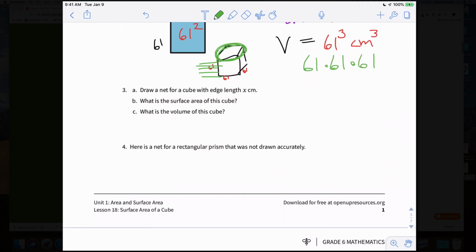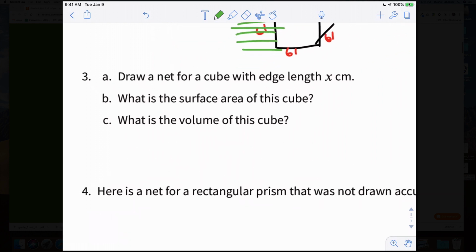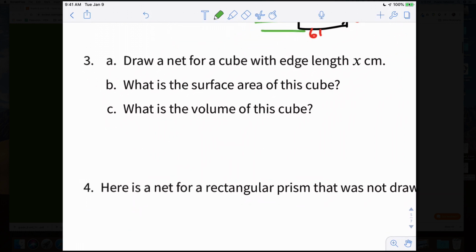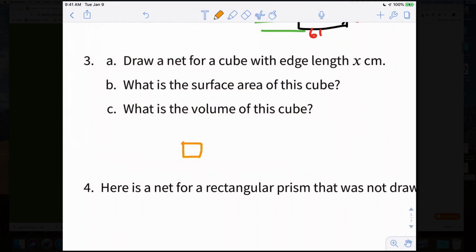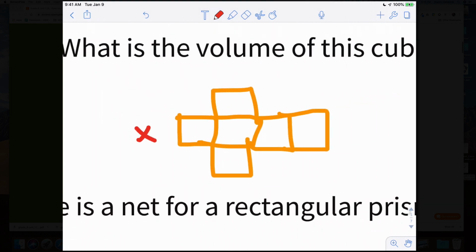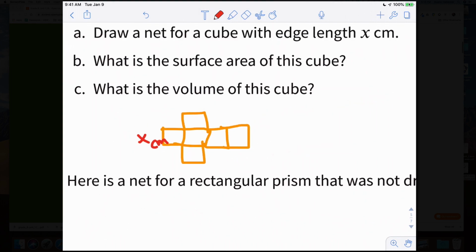All right, number 3, draw a net for a cube with edge length x. All right, 1, 2, 3, 4, 5, 6. There is my net. And each edge length is x centimeters. There is my net.